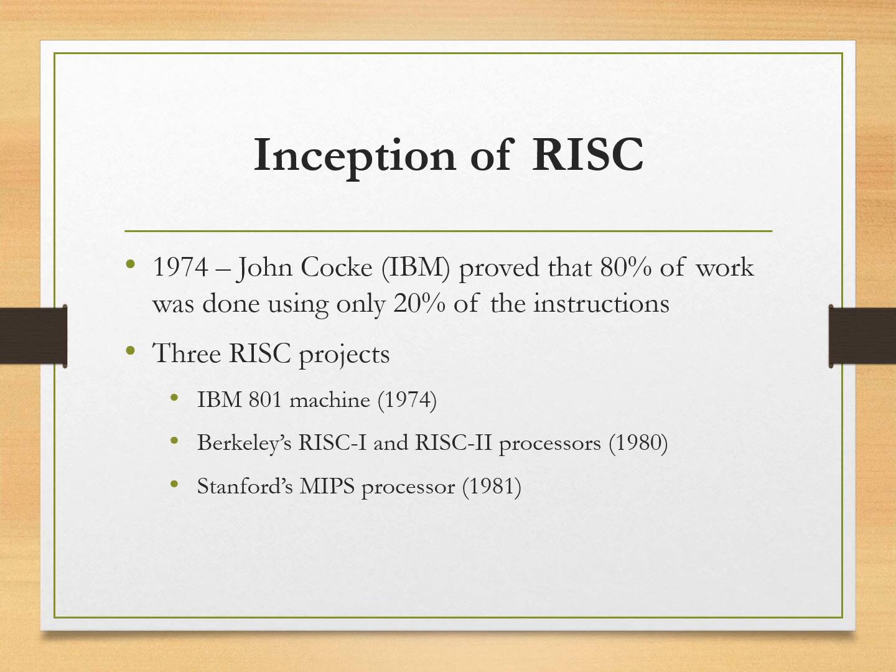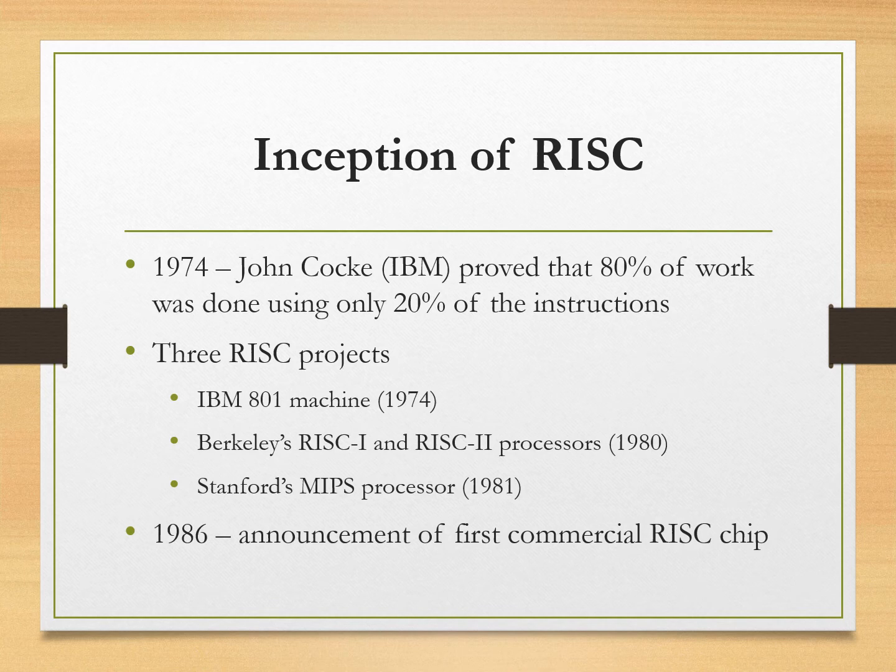Berkeley's is the one that first introduced RISC, the RISC 1 and RISC 2 processors, in 1980, and the Stanford MIPS processor, million instructions per second, in 1981. In 1980 came the announcement of the first commercial RISC chip, and it was used commercially in 1986. This is about the history.